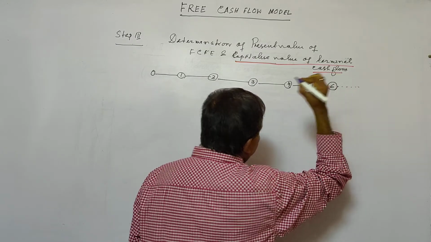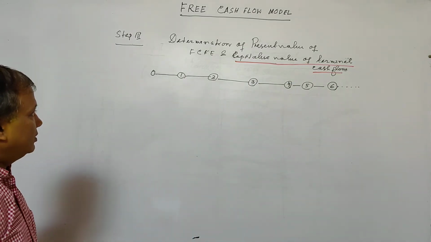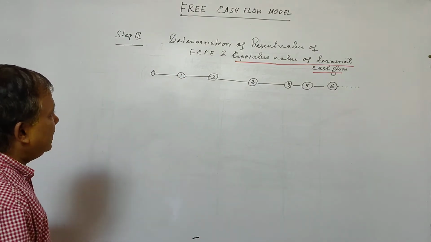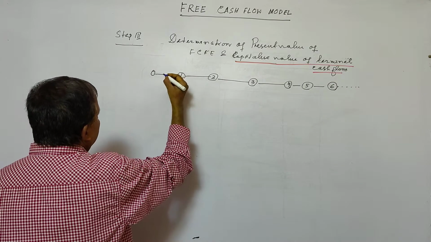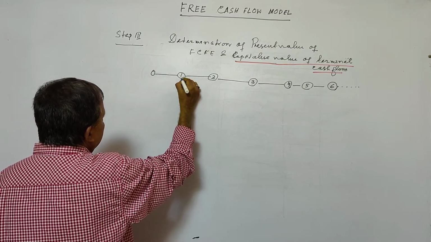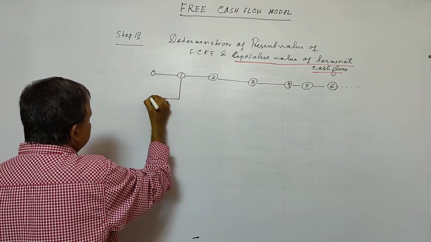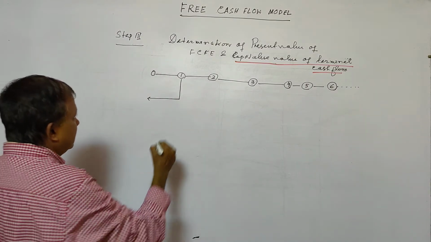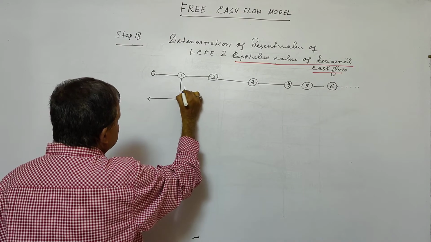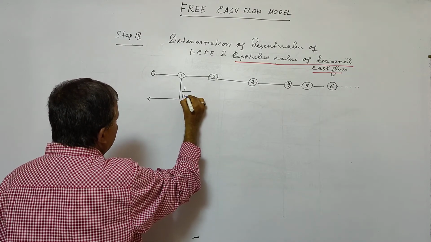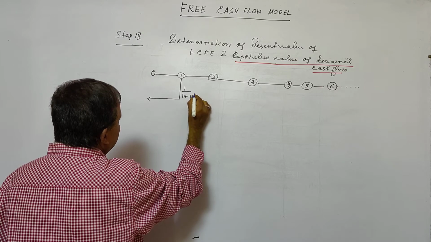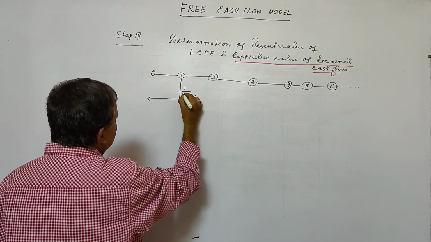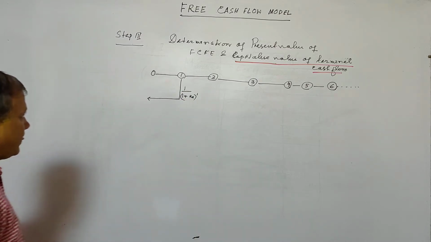Then comes, in the first year the cash flow is converted to its present value by the multiplication of cash flow by 1 plus ke, that is 1.18 or 1 plus ke to the power 1.